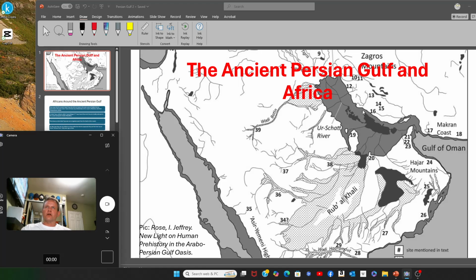You can see here in the Persian Gulf, you just had this area in the middle that still had water, and then all around it you could walk through. So you can cross to the other side, to Iran.